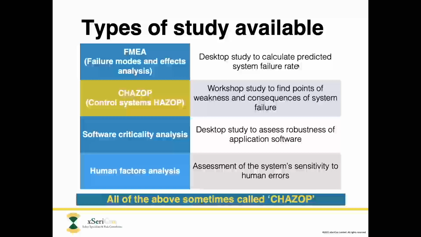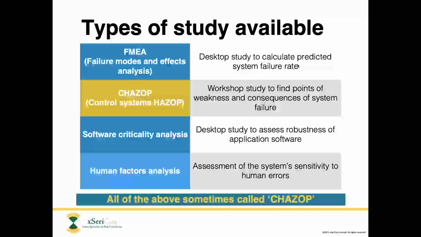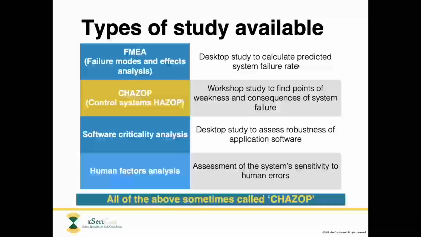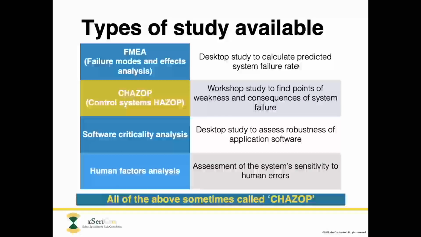The third type of study that sometimes is called CHAZOP, but which I think is potentially confusing, is software analysis. Now, this could be software criticality analysis, for example, and this study is sometimes referred to as software HAZOP. But really, it's nothing like a HAZOP study, so that's quite a misleading name, I think.